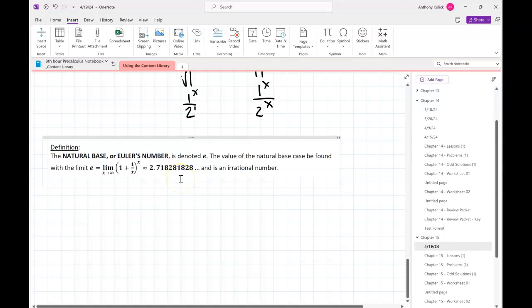That's an irrational number, 2.7182818, and so on, goes on forever, an infinite decimal that never repeats, much like pi. Just like pi, where we don't write down 3.1415 and so on, we just use the symbol pi to abbreviate it, here we're going to use the letter e to abbreviate this irrational number.